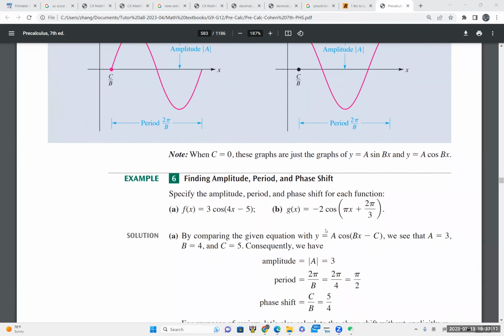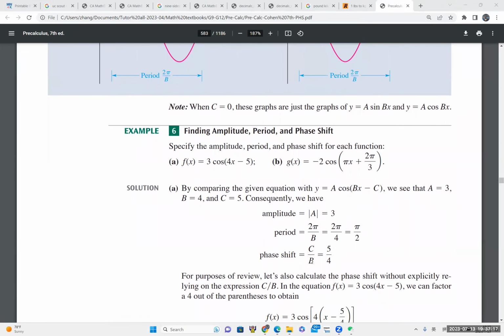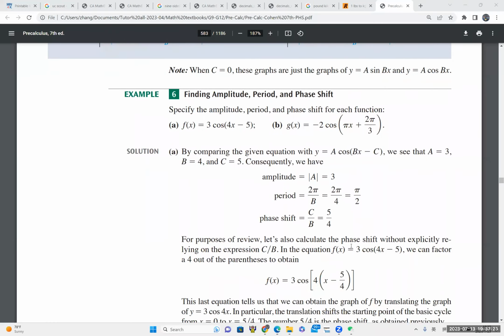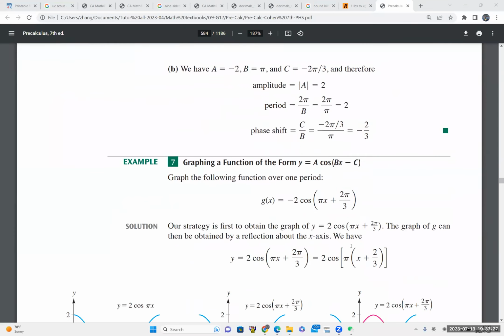Okay. Yeah, so just use the formula, right? Graph.